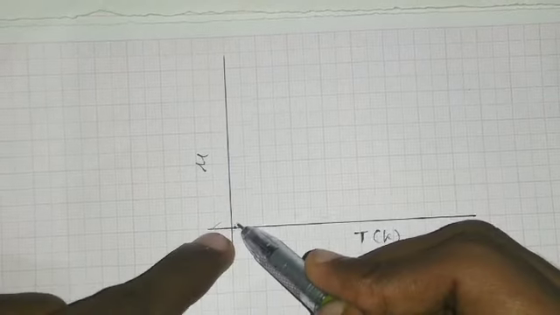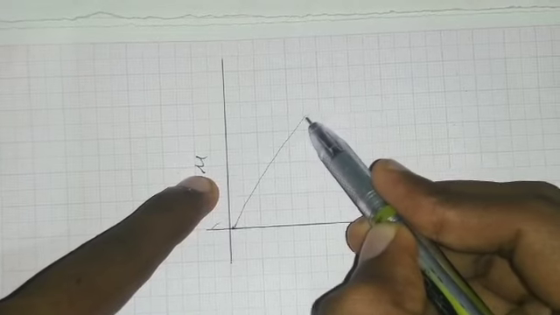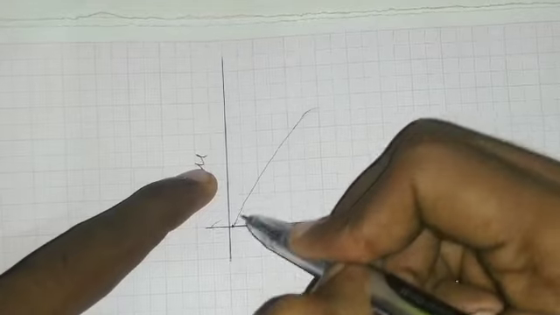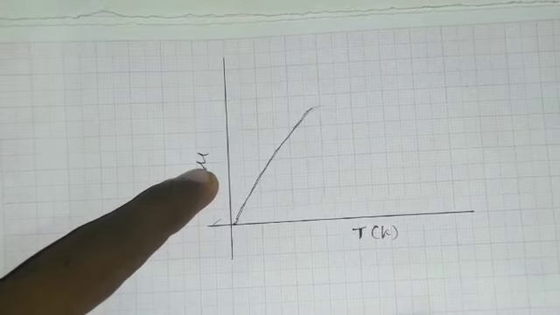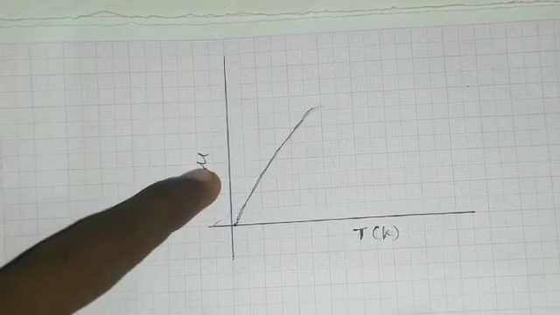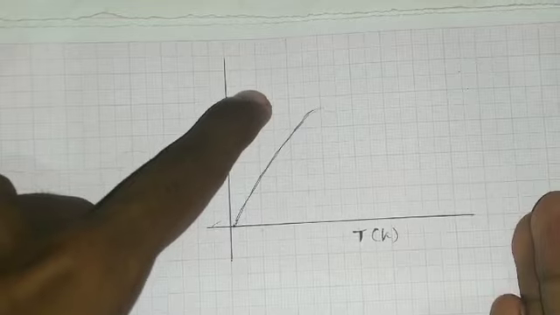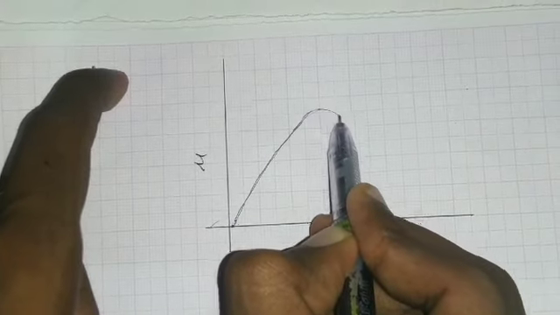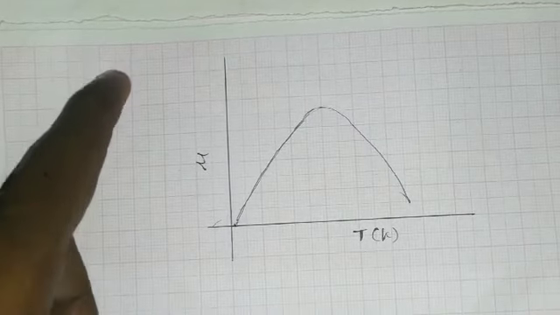That means as the temperature increases, the mobility also increases. And in lattice scattering, as the temperature increases, the mobility decreases. That's inversely proportional. So it comes like this. This is the graph.